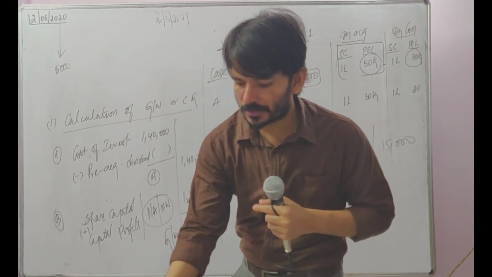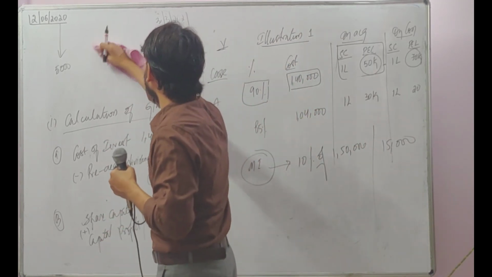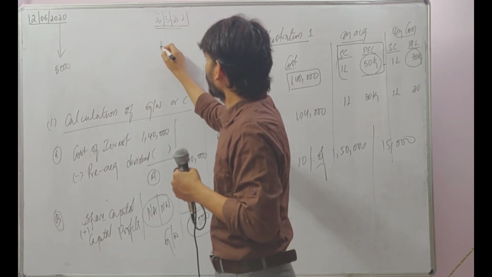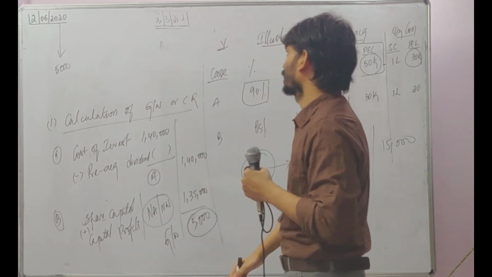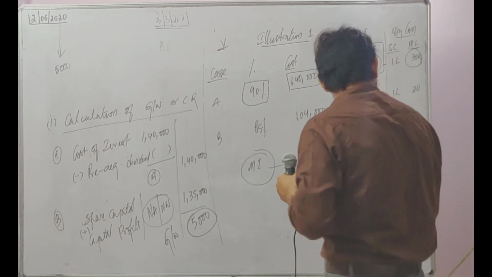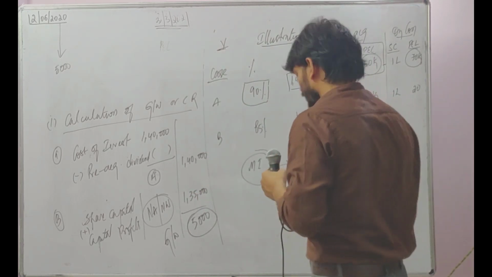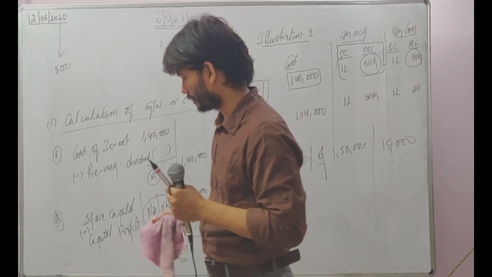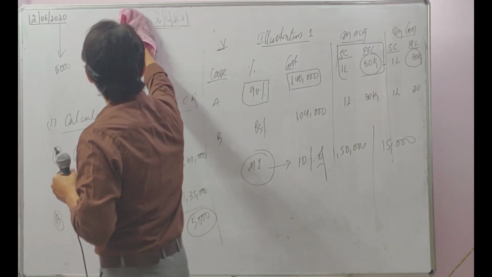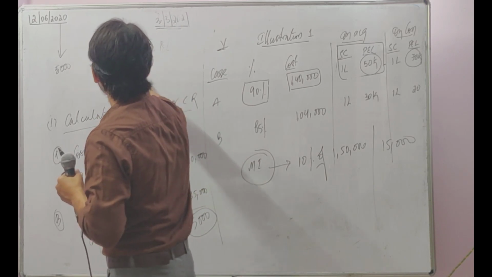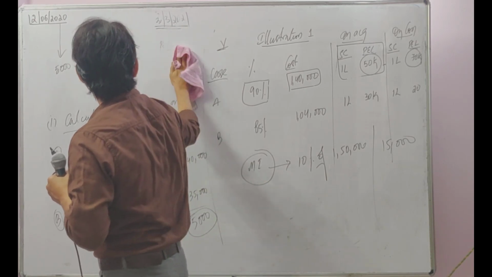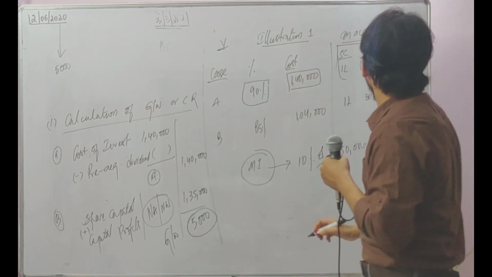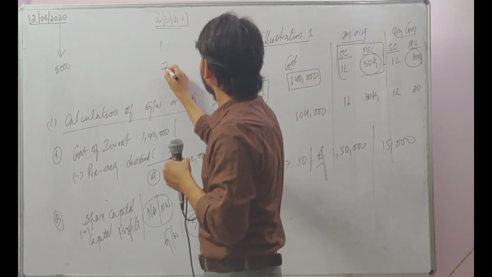So on 31st March 2021, I will start consolidating for the next year. On that date, your P&L is showing us 70,000.